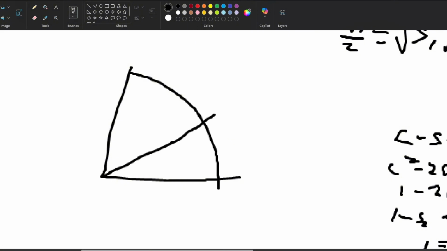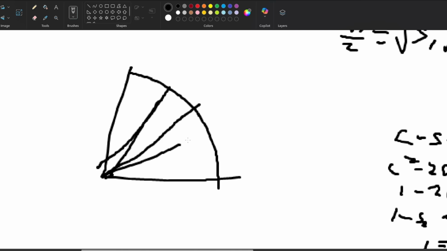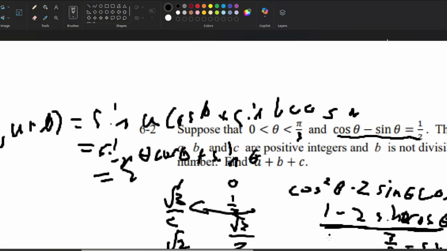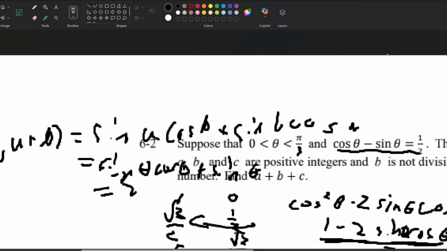Here is pi over 4. Here is pi over 2. Here's 0. Here is pi over 3. Or pi over 6.